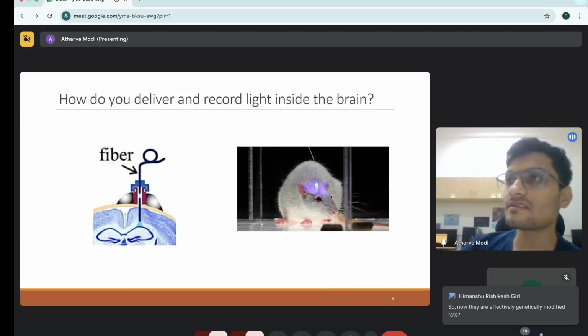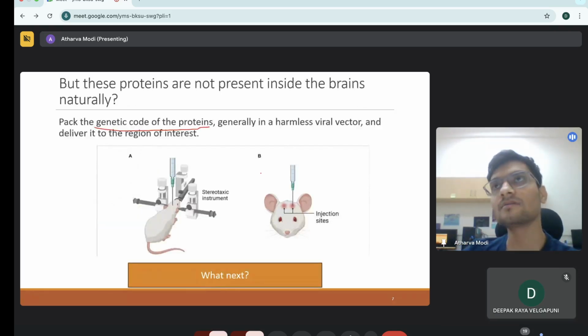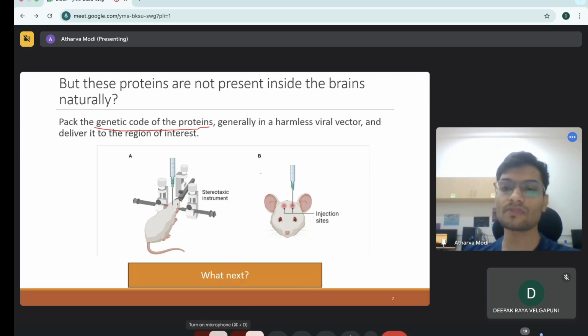Now they are effectively genetically modified rats. Yes, but not all cells of them are genetically modified. We are not changing the DNA, but we have expressed some kind of protein in them which is not naturally present in that particular part of the brain tissue.